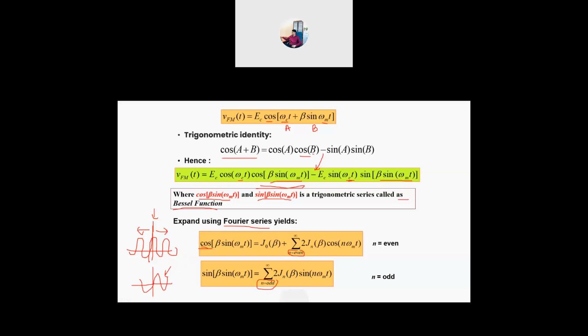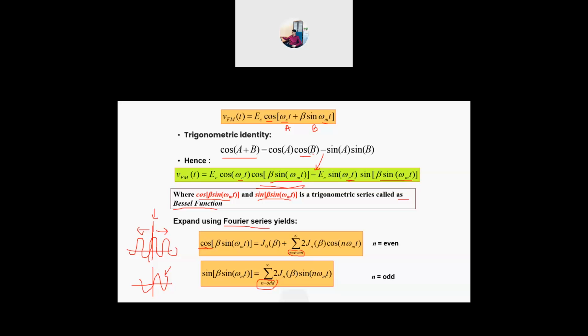This one is also in the appendix, appendix page 2. You can see they put cos(beta sin omega t) equals to and so on. But you must be careful: in the appendix they didn't mention even or odd.